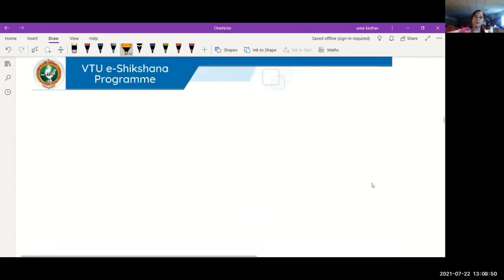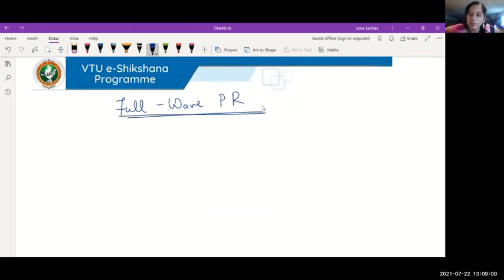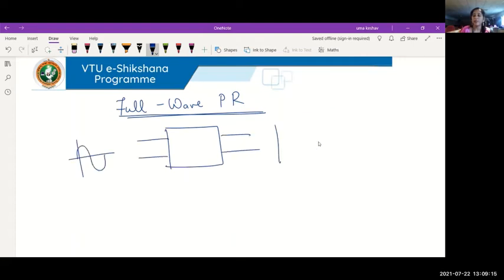Now let's move on to a full wave precision rectifier. Since I'm not interested only in rectifying half signals, say I want a circuit which would convert any input signal, a sinusoidal input, to a fully rectified output.